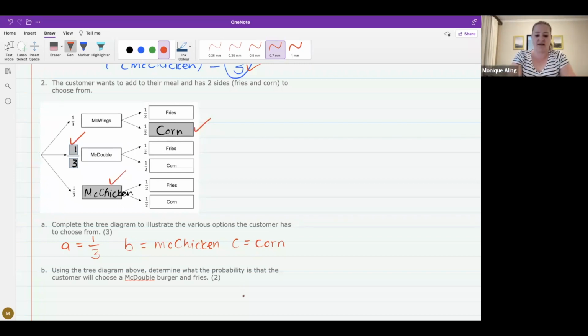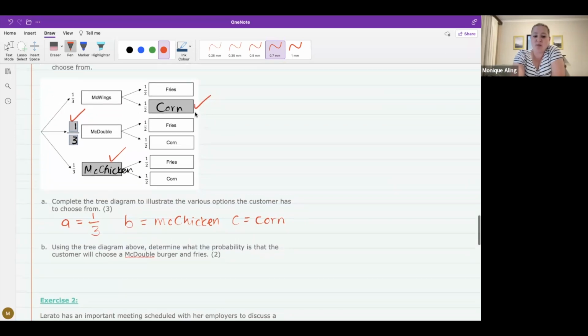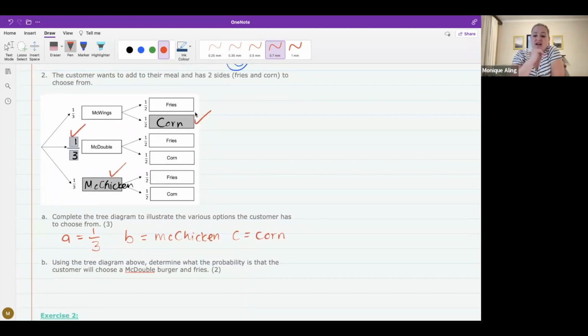Well done. Then, using the tree diagram above, determine what the probability is that the customer will choose a McDouble burger and fries. The probability that the customer will choose a McDouble burger and fries.